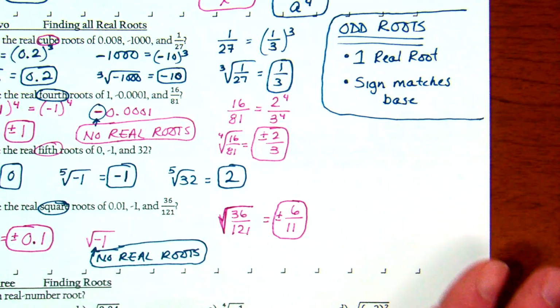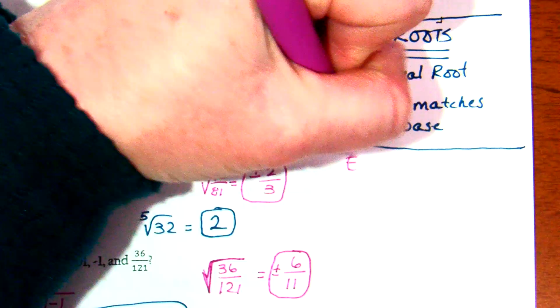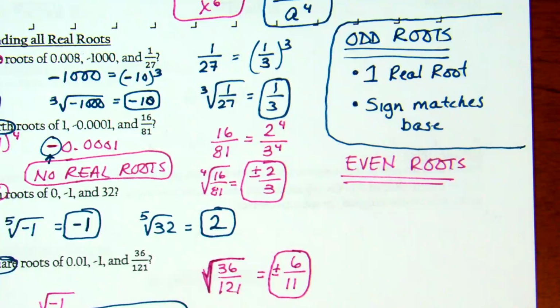I'm also going to do a summary about even roots. If we had a positive base, how many solutions did you have? When we're talking even roots, so I'm talking square roots, 4th roots, 6th roots. When we did square roots and 4th roots, and it was a positive number, we had 2 answers, right? The positive answer and the negative answer.